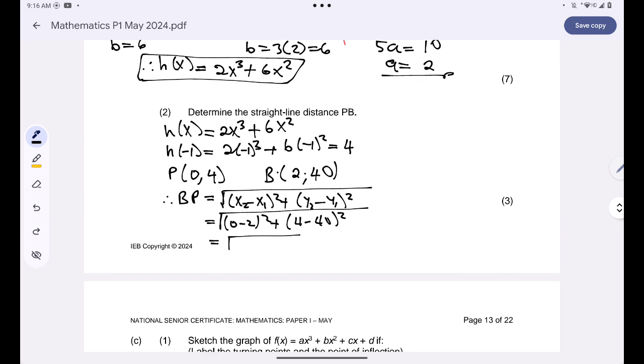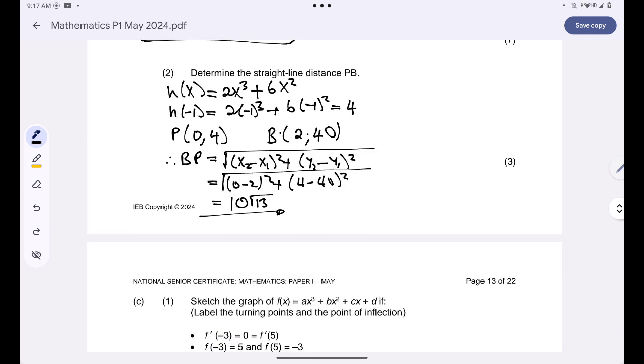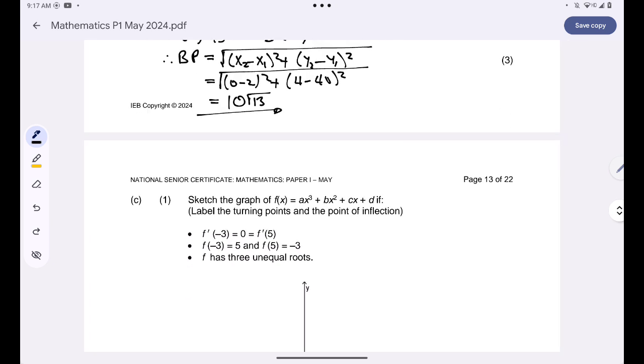The calculator is delaying me. Okay, I get 10 root of 13 as my final answer.